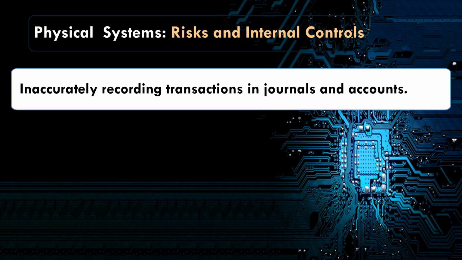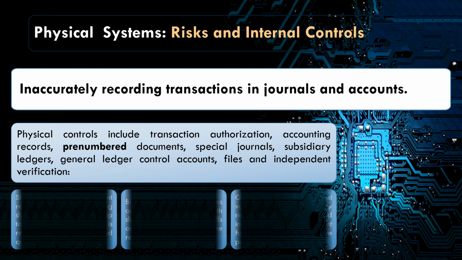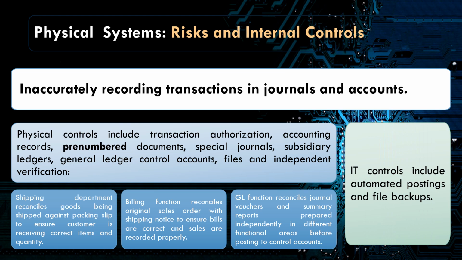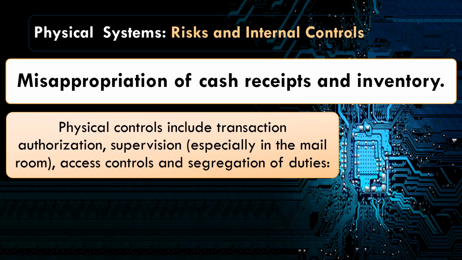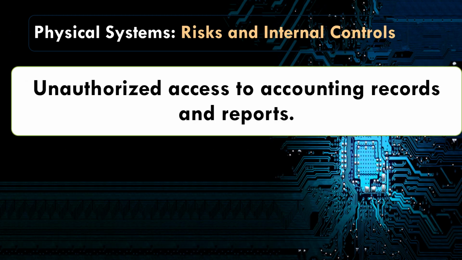Okay, so now let's talk about risk and controls, which is number one, inaccurately recorded. More illustration on the risk and internal control with regard to unauthorized access to accounting records and reports.